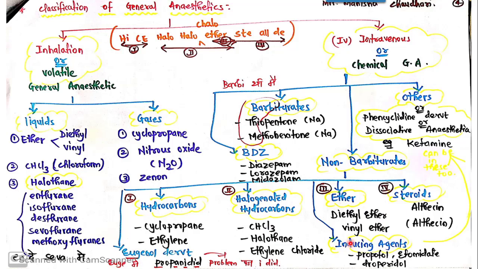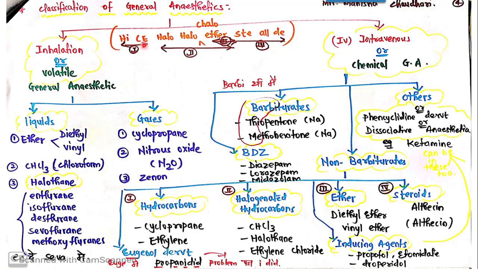Ether: diethyl ether and vinyl ether. Then inducing agents are propofol, etomidate and droperidol. And from steroids, the example is althesin.